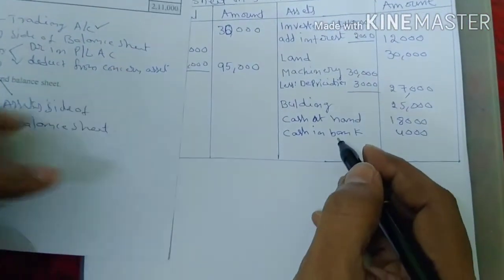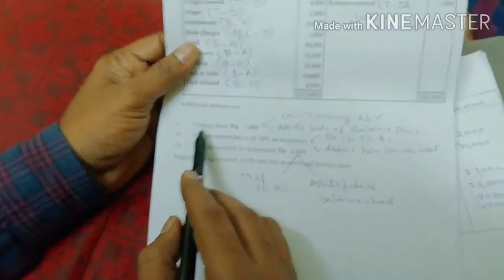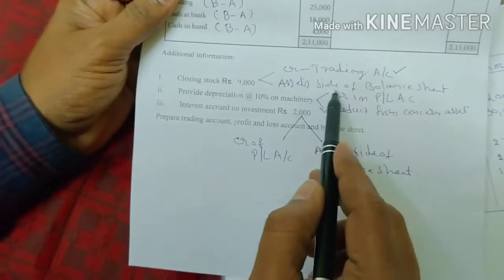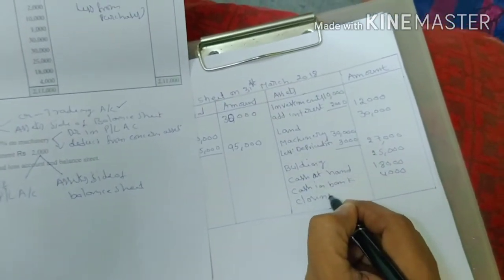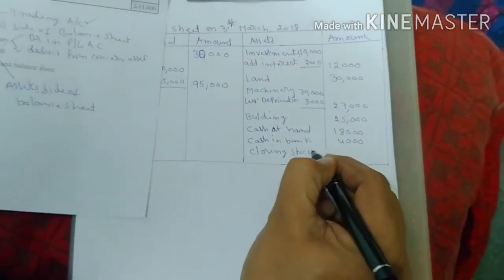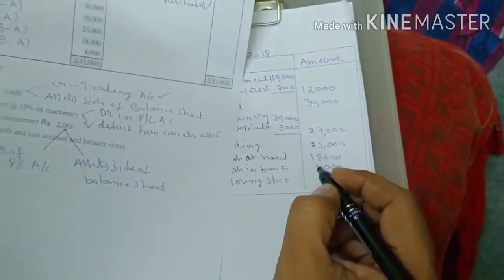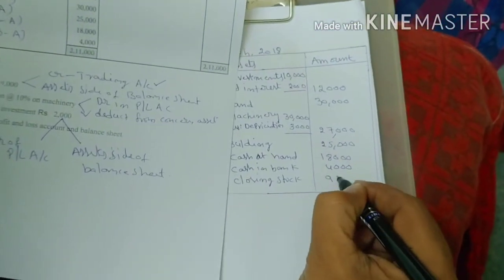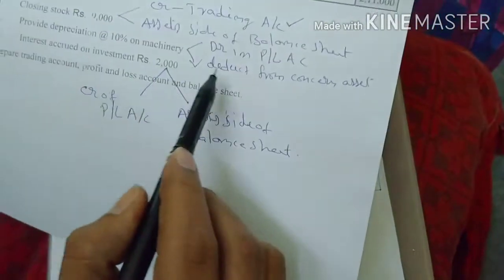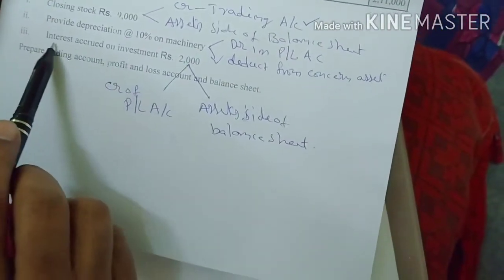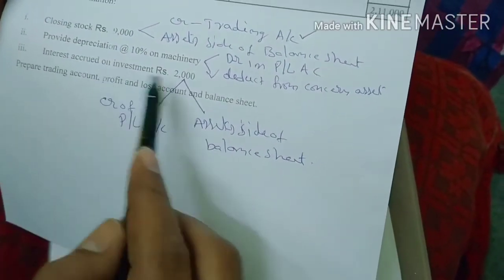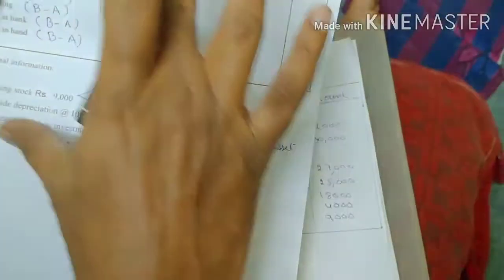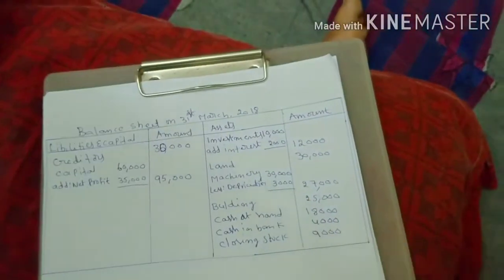Next here we need to check the adjustments. Here closing stock, asset side of balance sheet. So closing stock 9,000 rupees. Next here depreciation is posted, as well as interest on investment also posted. Now we have posted all the things.